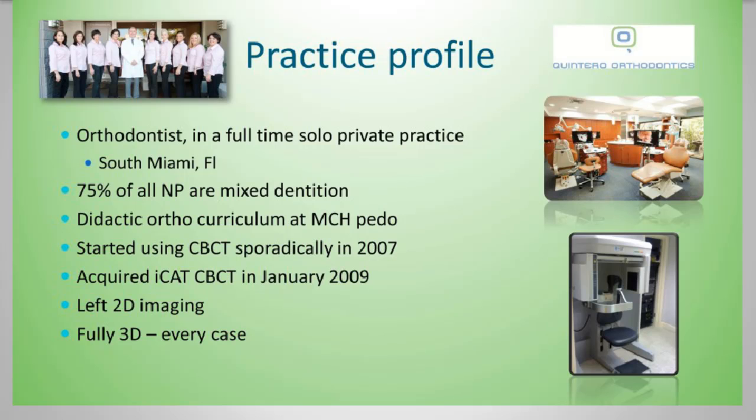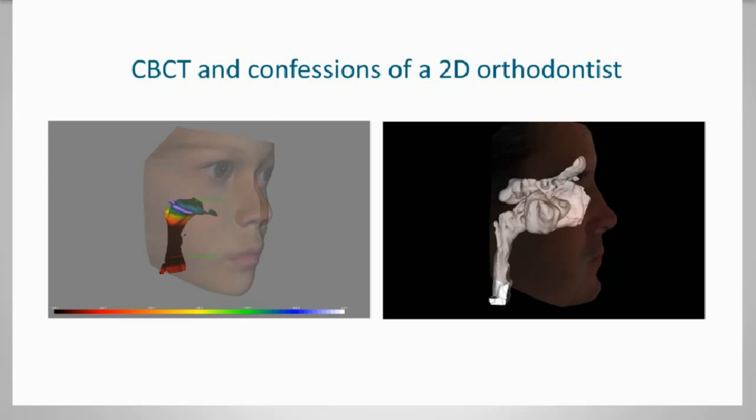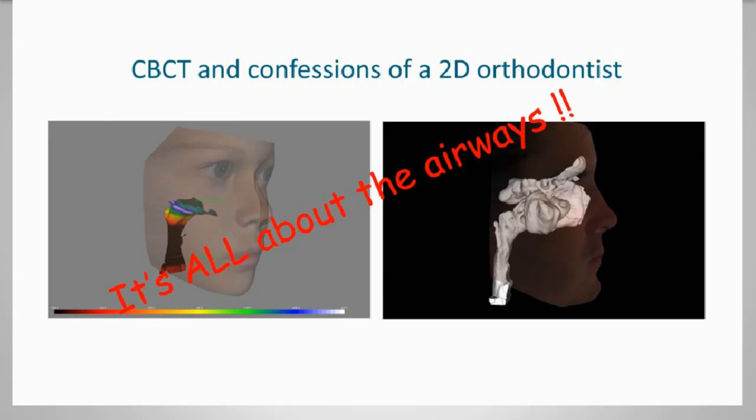It's the one benefit that 3D imaging offers that 2D imaging cannot. What I've learned in my last 5 or 7 years of practicing exclusively in cone beam is that it's all really about the airways. And we're going to focus on that element of 3D imaging for the rest of the presentation.